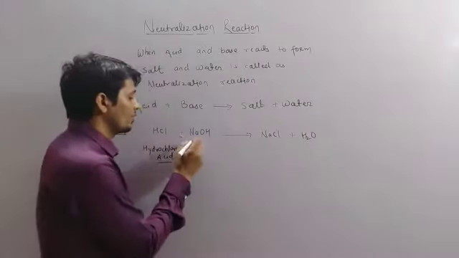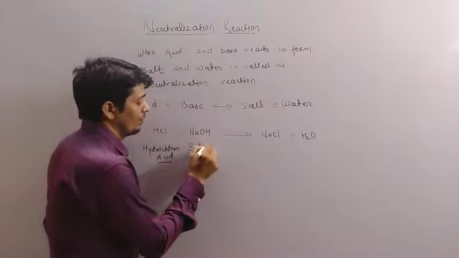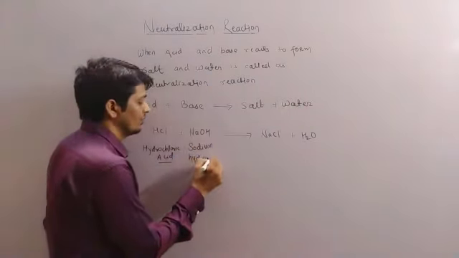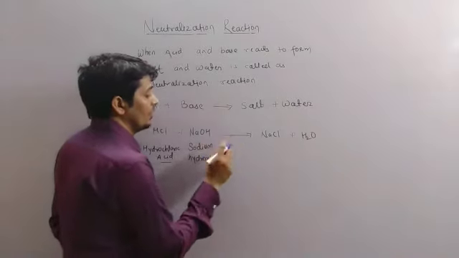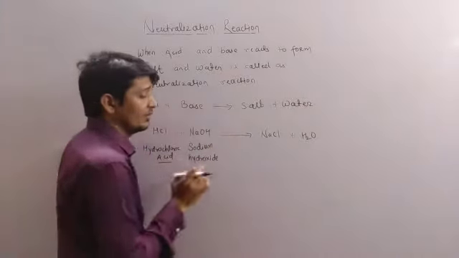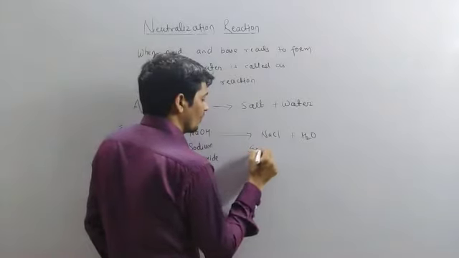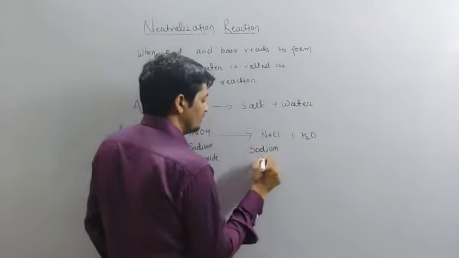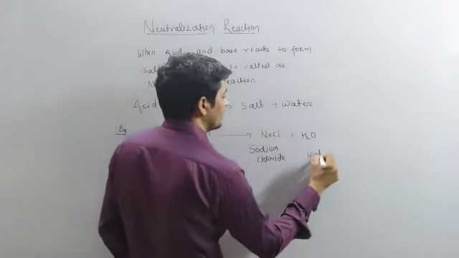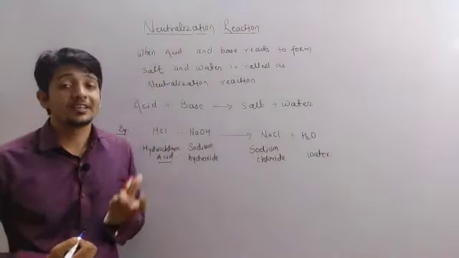Here sodium hydroxide, so you have to write sodium hydroxide. Okay, this is the neutralization reaction. You can write neutralization or you can leave it also. This is sodium chloride, and this is water. Okay, so this is the way the neutralization reaction proceeds.